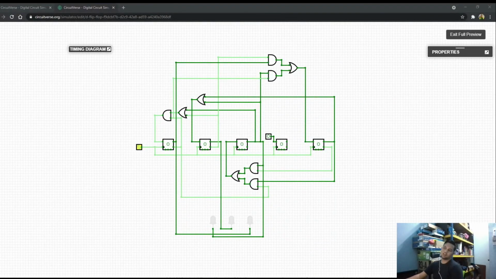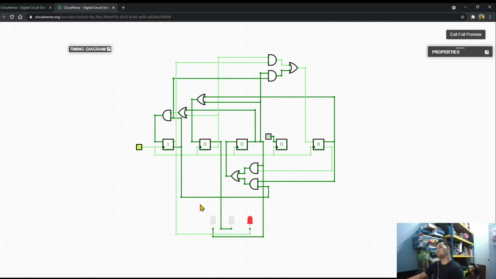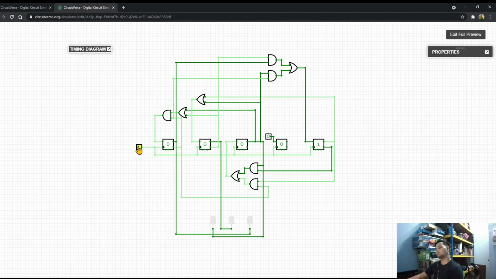Okay, this is the D flip-flop circuit. So the circuit shows 0 0 0 for the first digit of my ID. Then when I clock, it becomes 0 0 1. Then 0 0 0.